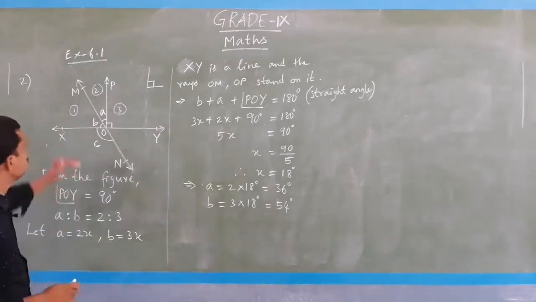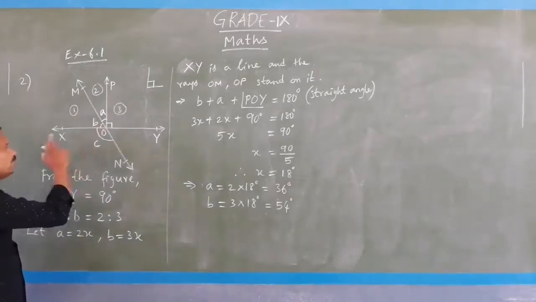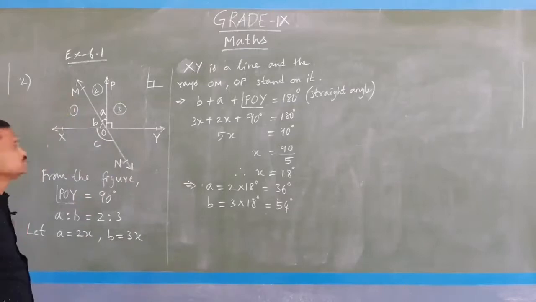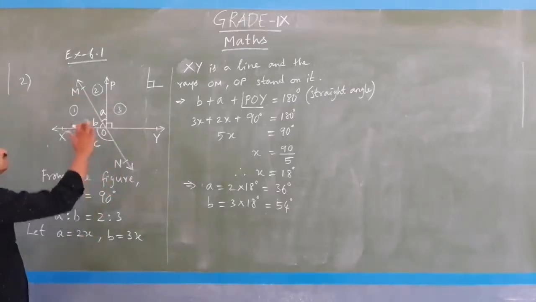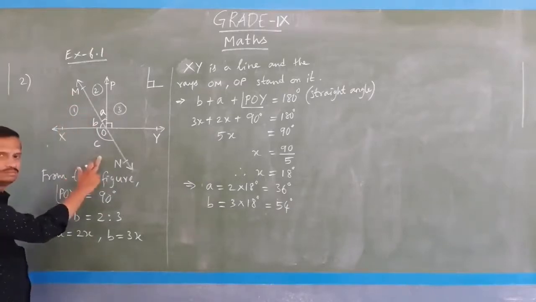So, now you take MN as the line and OX as the ray standing on the line MN, then the straight angle of MN is divided into two parts, one is B, another one is C. Have you understood? Okay, is it clear?